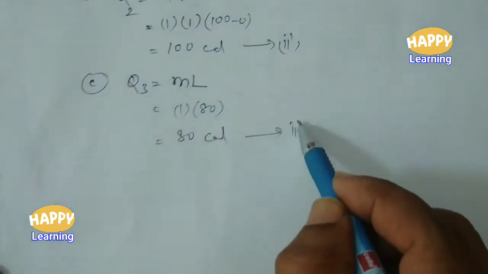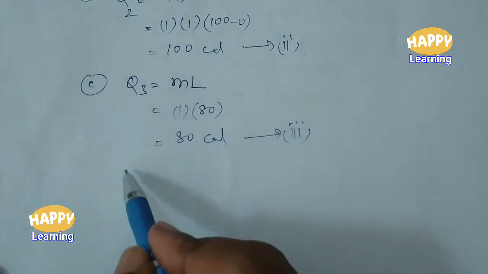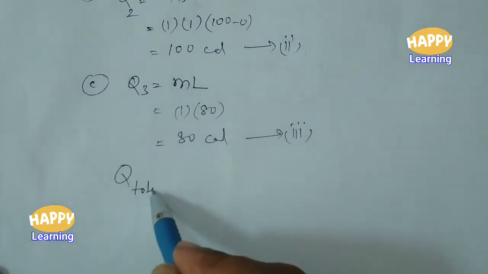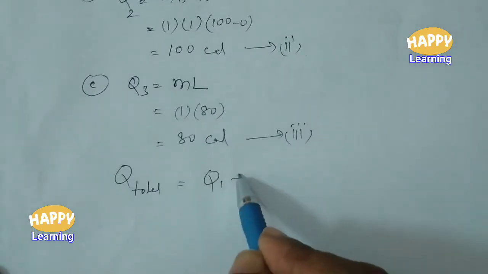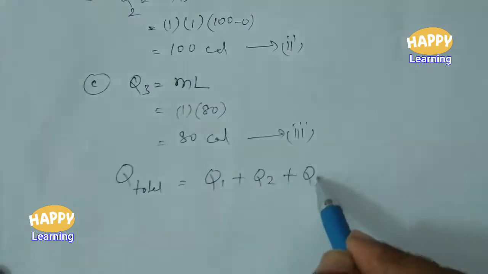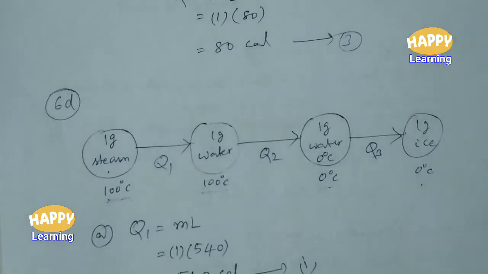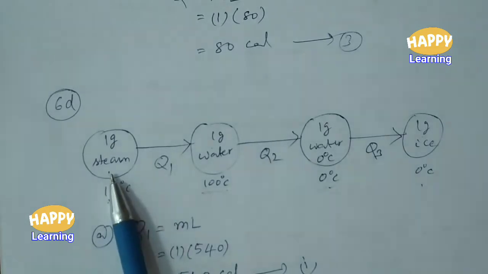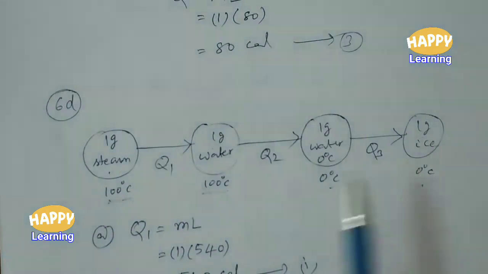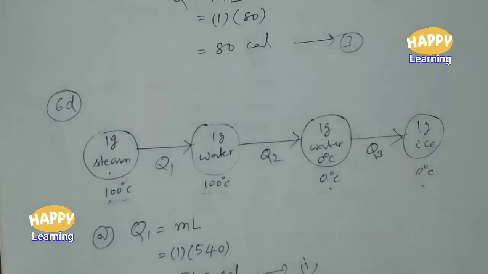This is answer 3. We want Q total equal to Q1 plus Q2 plus Q3. Q1 equal to 540, Q2 equal to 100, Q3 equal to 80, total equal to 720. So the steam is finally converted to ice in 3 intermediate stages.